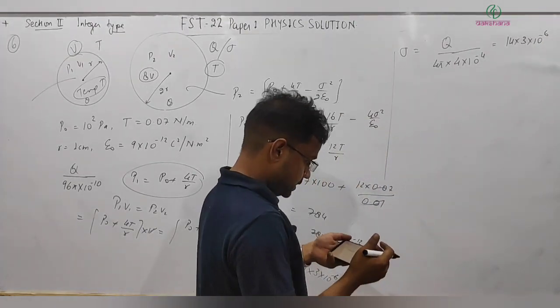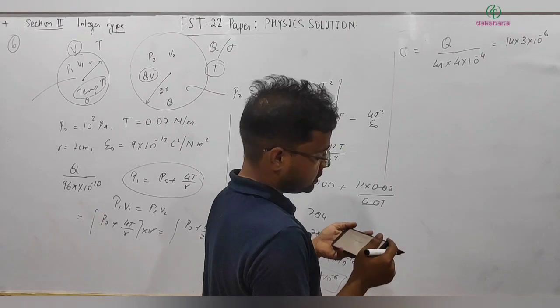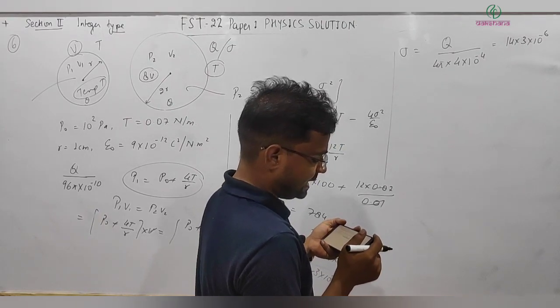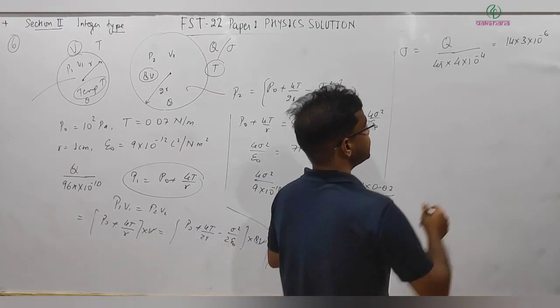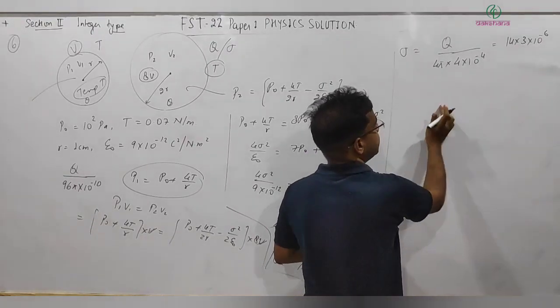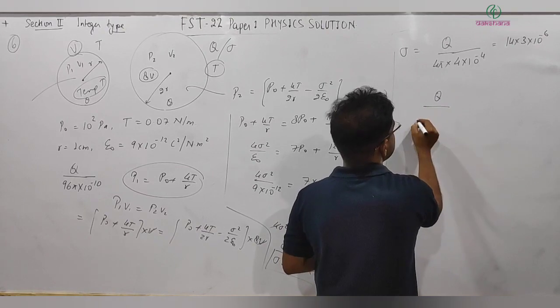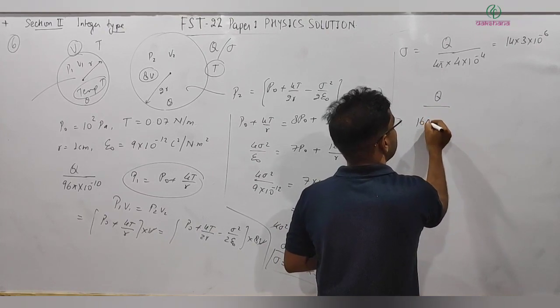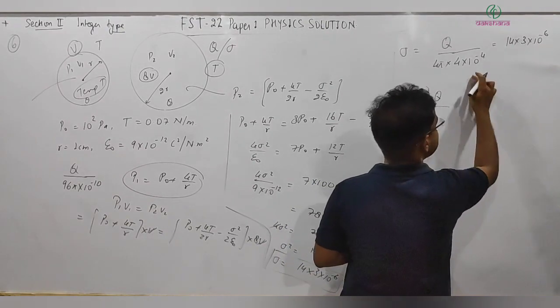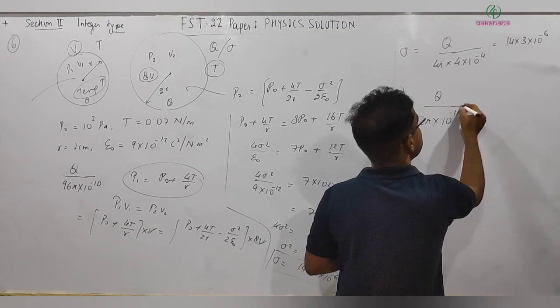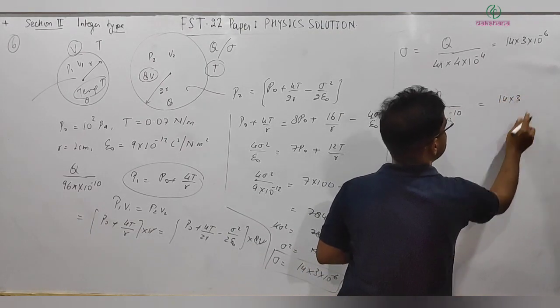Okay, so now I need to rearrange it in terms of Q by 96 pi, as we need to find that value. First, let me divide this side, then it's Q by 16 pi, and if I divide this side, it will be 10 to the power minus 10, and this is 14 into 3.